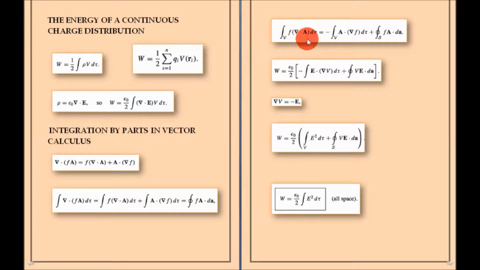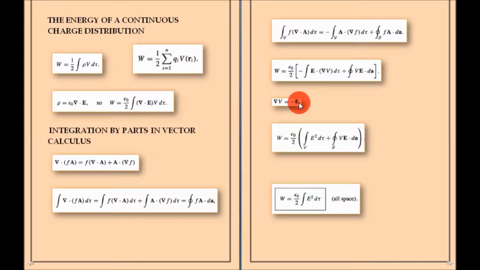If you look at the left term of this equation and compare it with the right side of this equation, you will see that instead of A we have E, and instead of F we have V. Therefore the work done will equal epsilon naught by 2 times minus integration of E dot the gradient of V dV plus the surface integral of V E dot dA.